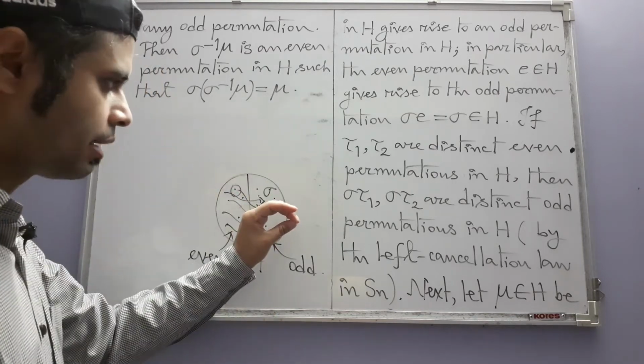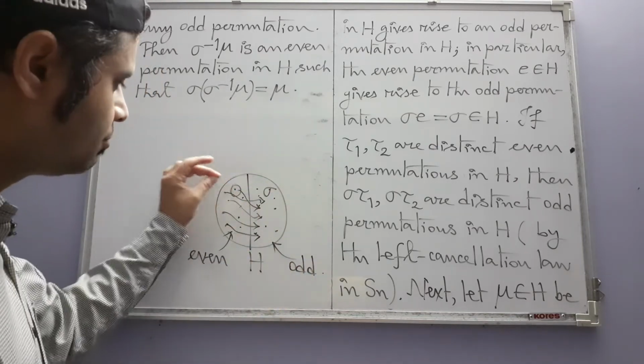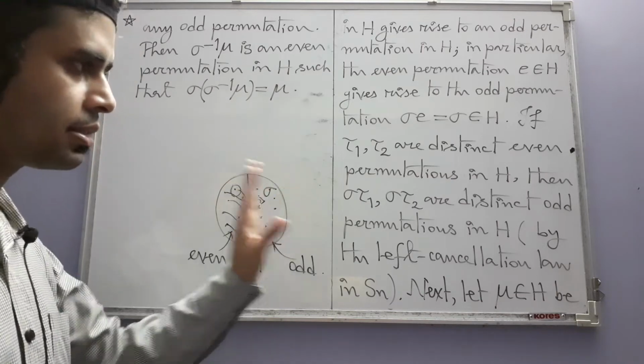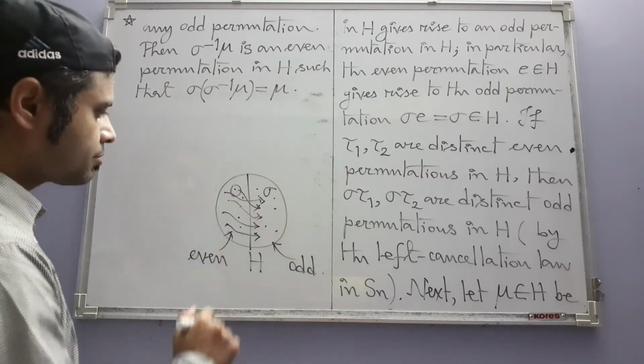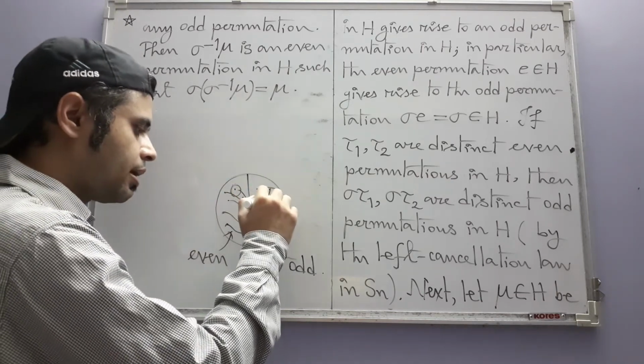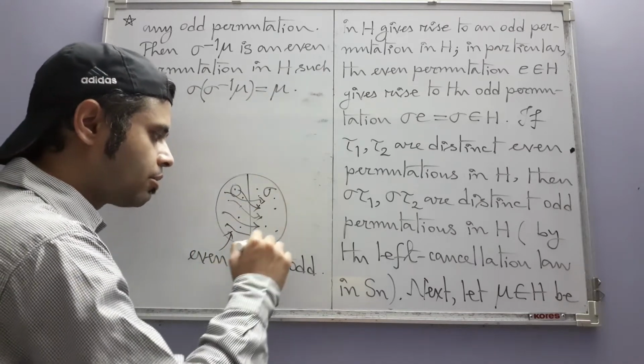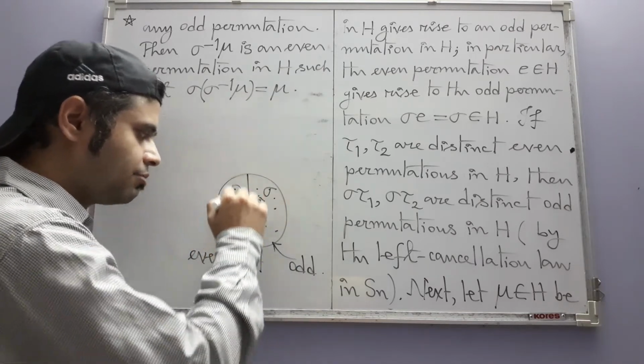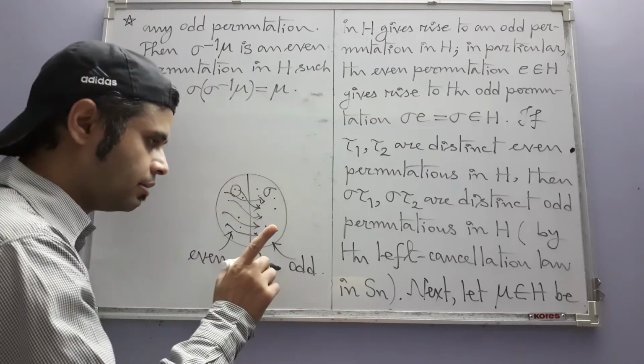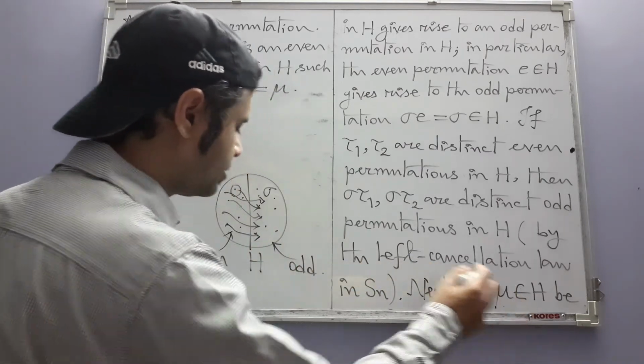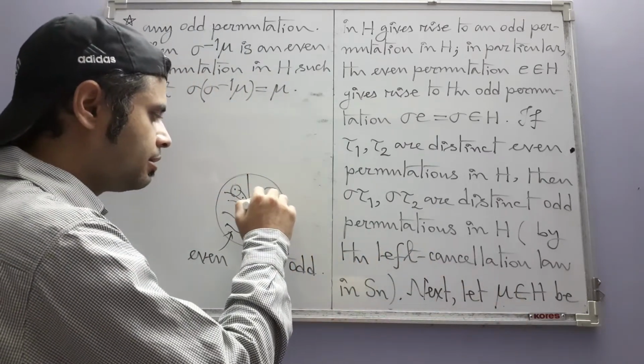There is no collapse. Two different taus will not give us the same sigma tau. That's why there are at least as many odd permutations as there are even permutations. But then we also additionally showed that nothing is left out.